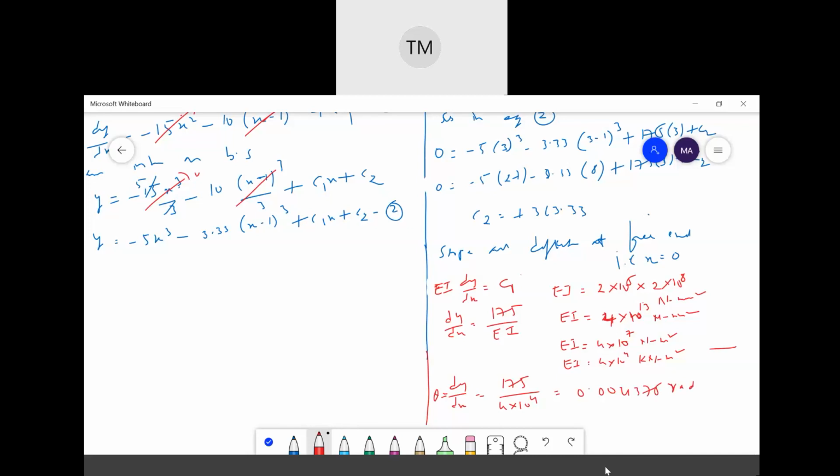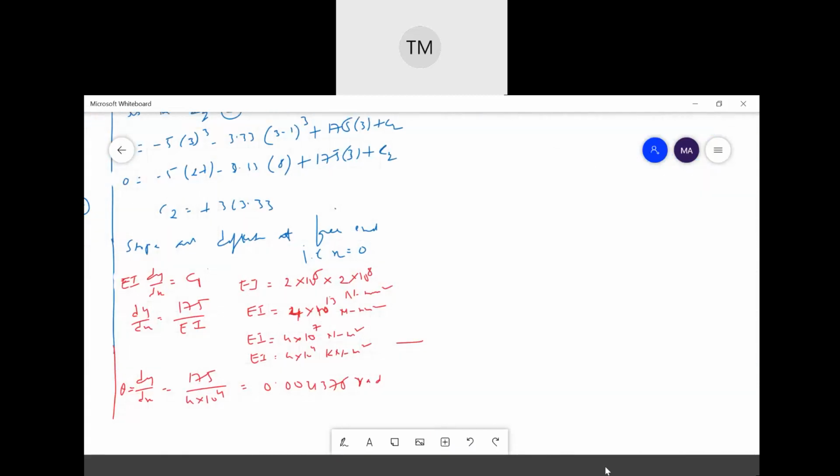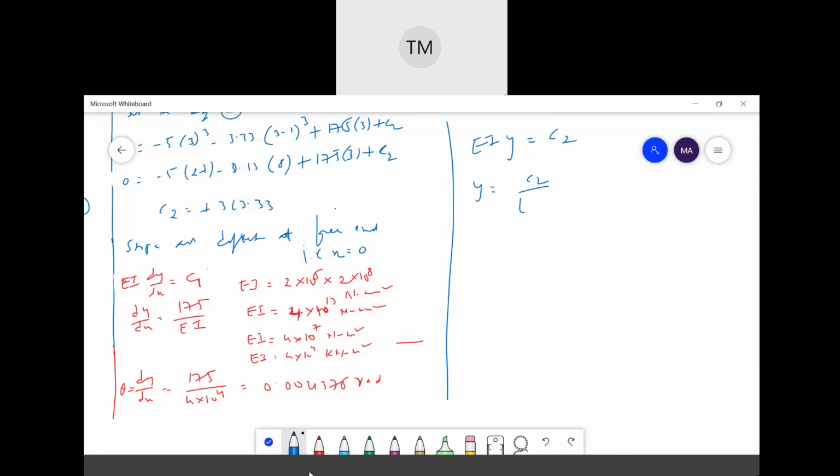Next, you are calculating the deflection. In the deflection equation, the x value will be 0, x minus 1 whole cube is also 0, and C1 into x is also 0. The remaining term is C2, that is, EI y is equal to C2, so y is equal to C2 by EI.